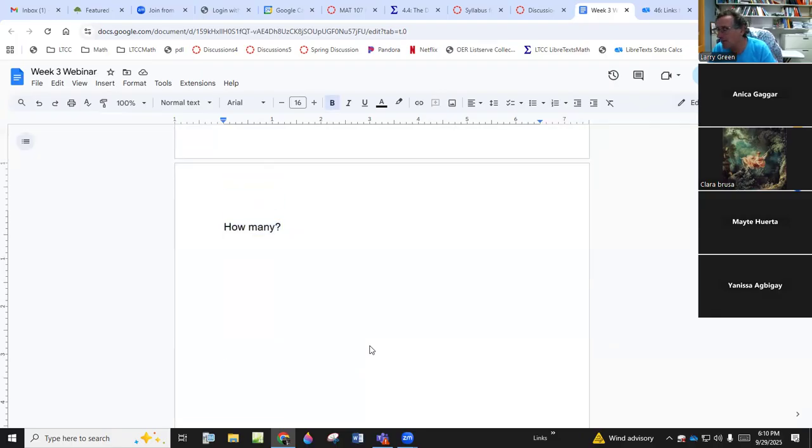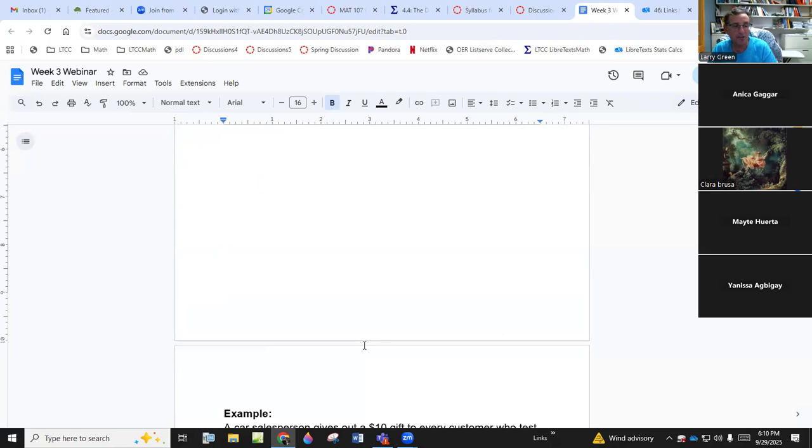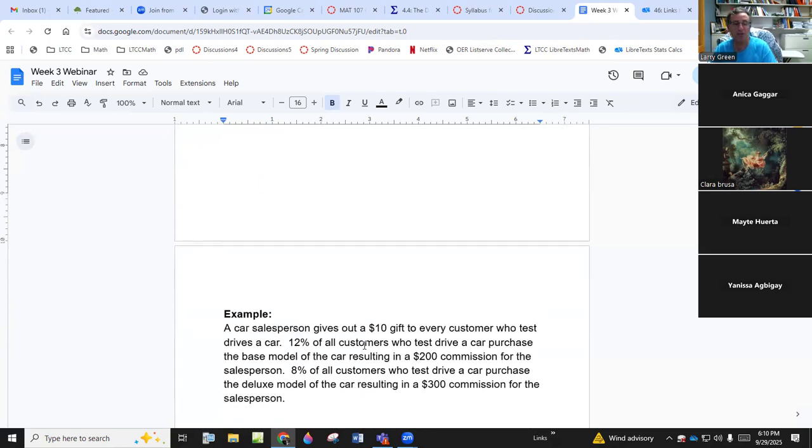Okay, so now that we have that, what we want to do is look at things you can do with discrete variables. And the first is we can create distribution tables. So let me give you an example. Okay, I like this example. One, it's the kind of thing that happens a lot. Doesn't have to be a car salesperson, but lots of different things. So a car salesperson gives out a $10 gift to every customer who test drives the car.